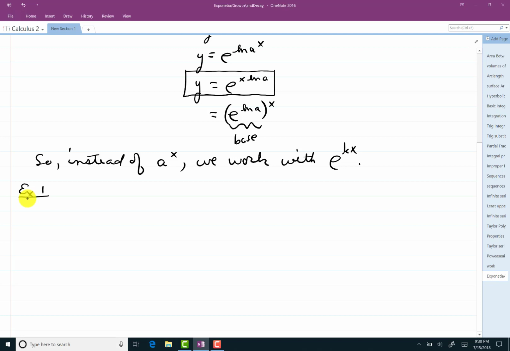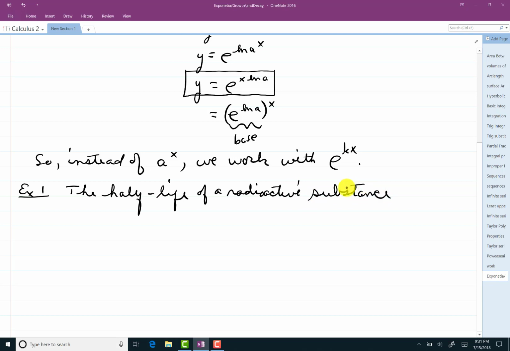One of the most popular examples of what we're going to do here is something called half-life. So let me start with that. The half-life of a radioactive substance is 10 days.